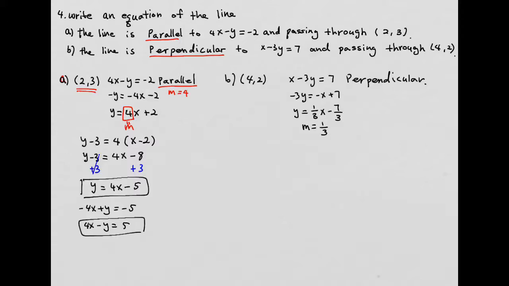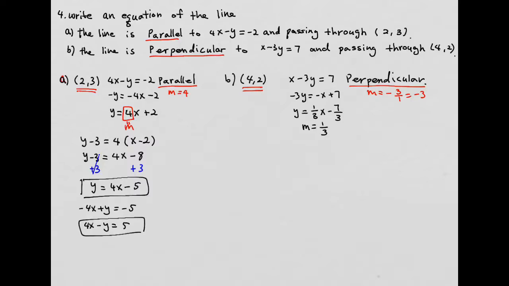The perpendicular slope is going to be the negative reciprocal. So positive becomes negative, and 1/3 flip it, so it'll be 3/1, which is negative 3. So you're going to use negative 3 with the point 4, 2 given, right?